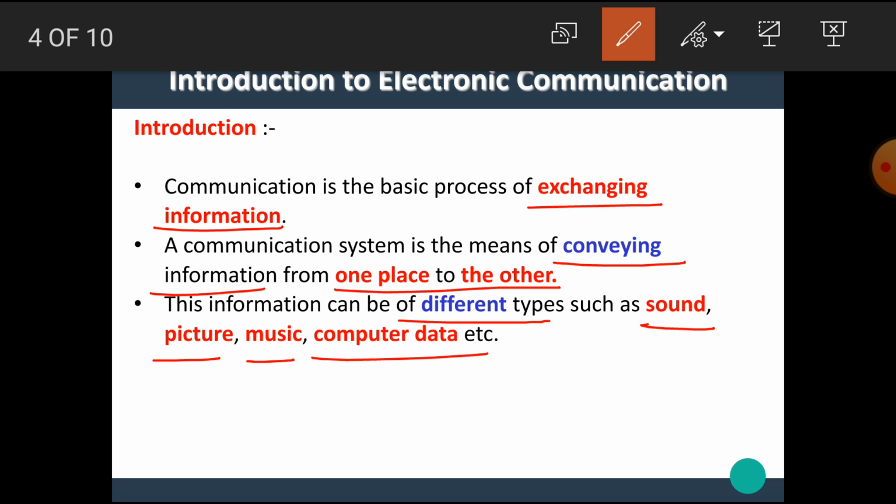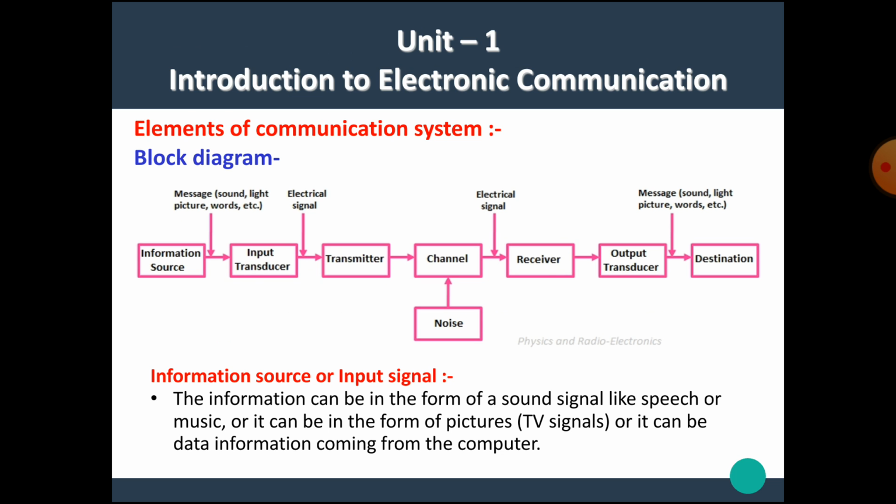Nowadays, we can communicate with a person anywhere in the world very easily by using various communication techniques. Today, there are a number of communication techniques used in our day-to-day life, such as wired communication for short distance, wireless communication for long distance, fiber optic communication, radio wave communication, etc.